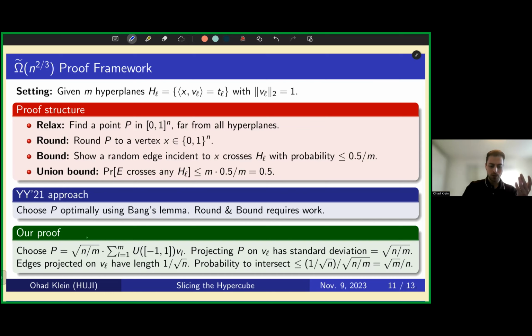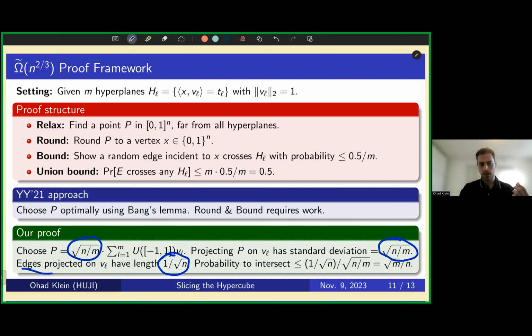P is defined to be a large constant times a random combination of the normal vectors. Now, if we project our point P on any of the normal vectors, we get a large standard deviation of square root of n over m. And again, the length of the intervals that edges are projected to is only 1 over square root of n on average.